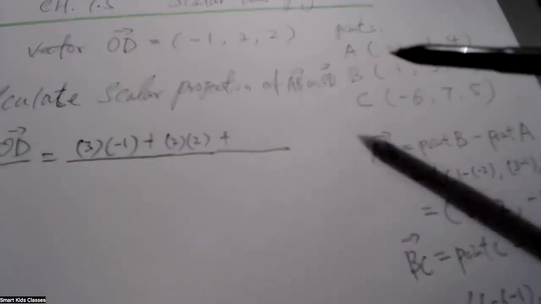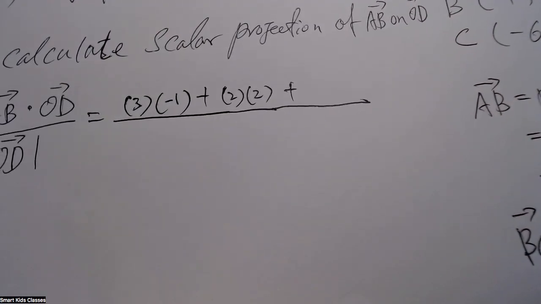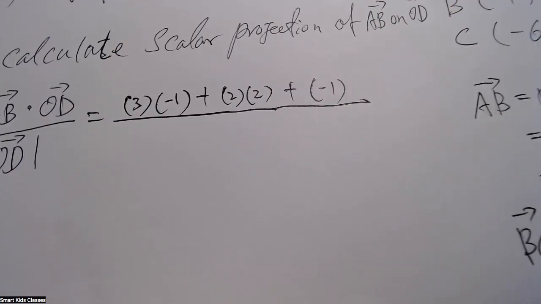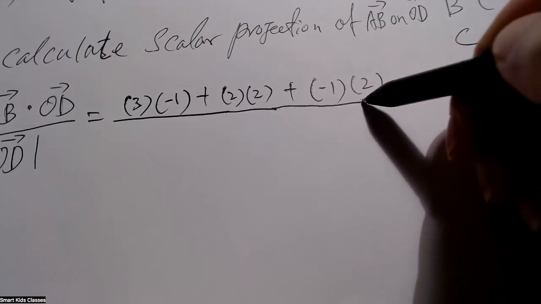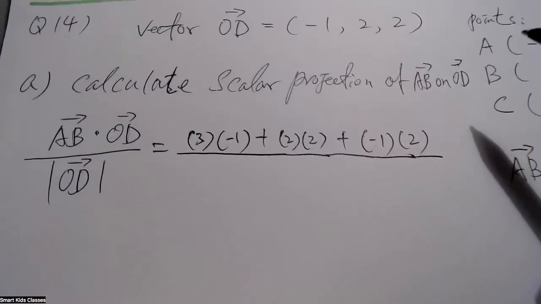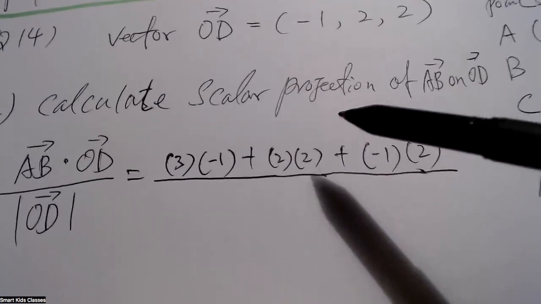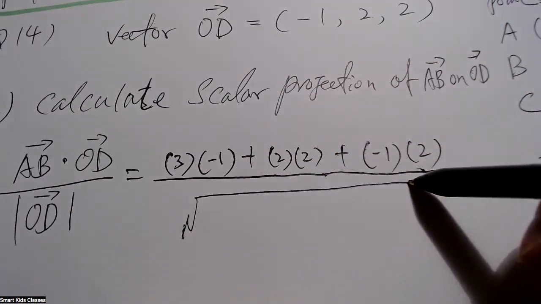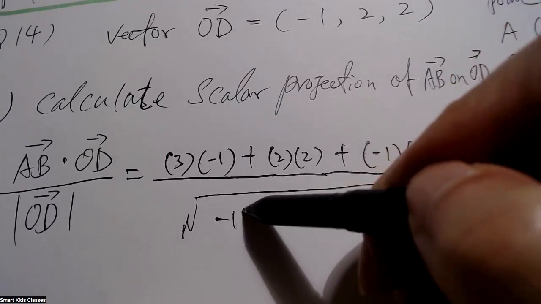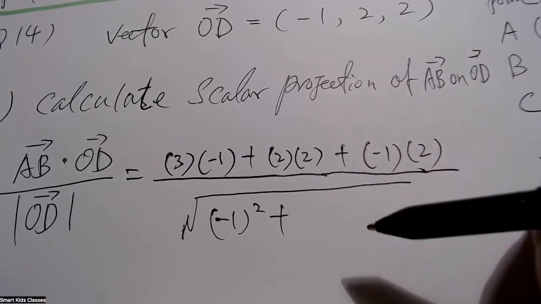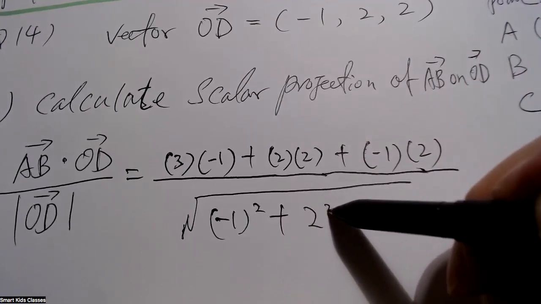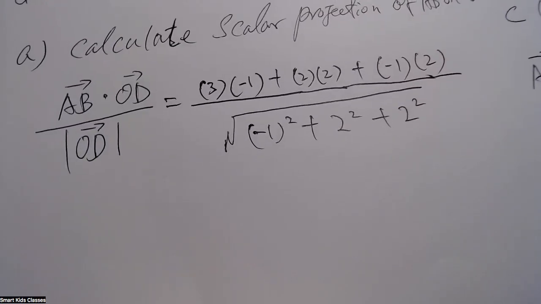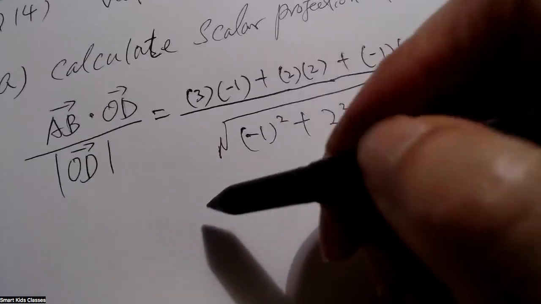So we take the 2 vectors and multiply each component, X, Y, and Z. Now we divide by the magnitude of OD. We use the distance formula, so we have -1 squared, add 2 squared, add 2 squared. So let's see what we get. Use a calculator.